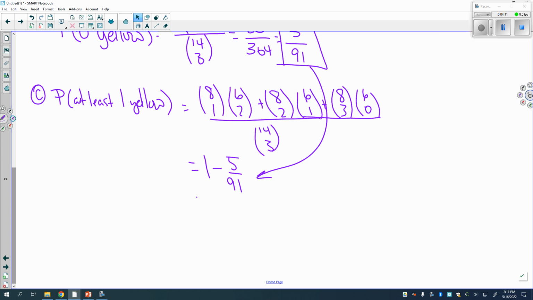And that will give us 86 over 91 for a probability. This big fraction I did up here with all of the combinations in it will give you the exact same answer. It's just a little bit faster and easier if we can recognize when to use that complement rule, and that makes things so much easier for us.